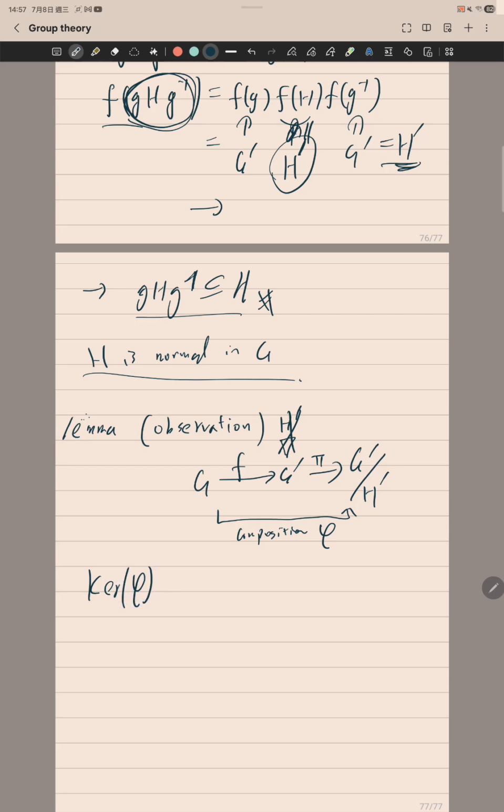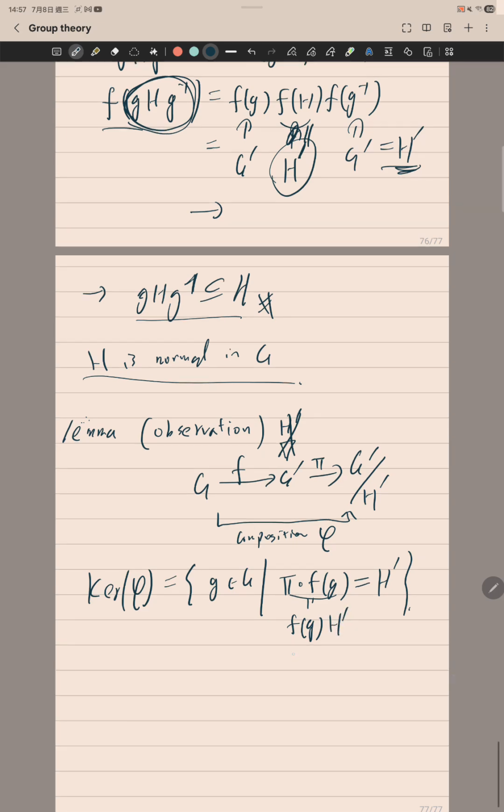Obviously the kernel of phi is the set of g in G where pi of f(g) is the same as H prime. But this is f(g) H prime, so this is the same as f(g) belonging to H prime.